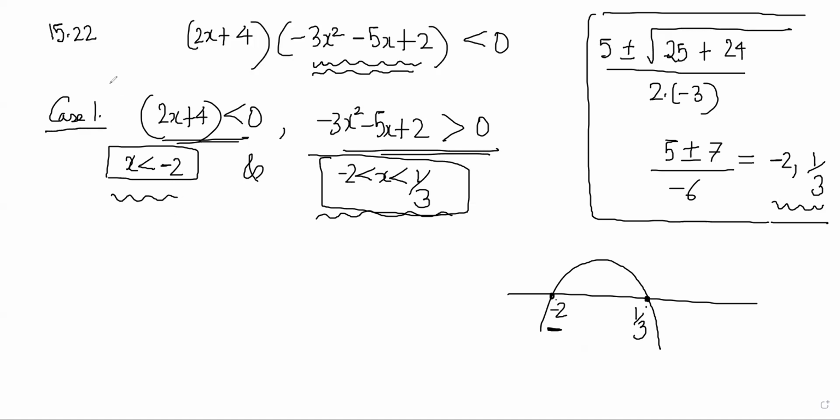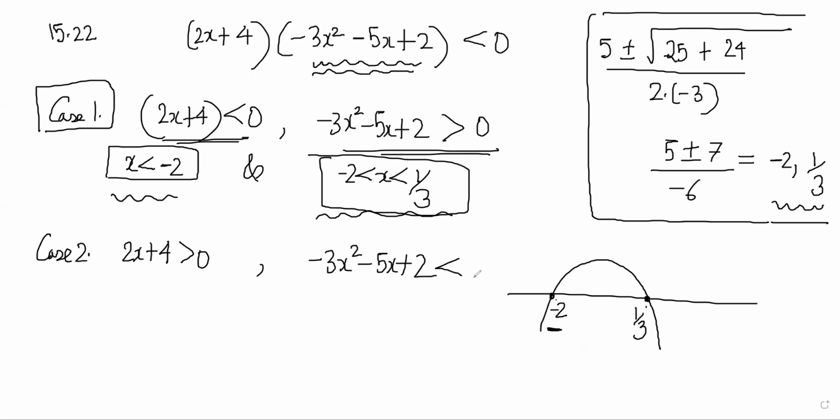Is case 1 possible or is it impossible? Impossible. What is case 2? Case 2 is when the quadratic is negative and that linear expression is positive. When is the quadratic negative?